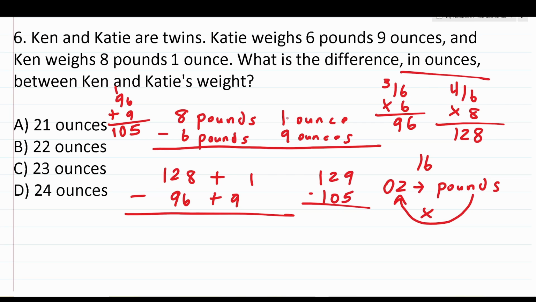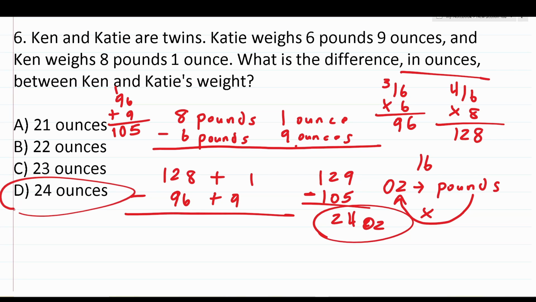All right, so 8 pounds and 1 ounce is 129 ounces. 6 pounds and 9 ounces is 105 ounces. Let's find the difference of their weights. 9 minus 5 is 4. 2 minus nothing is 2. 1 minus 1 is 0. So the difference in their weights is 24 ounces, which is answer choice D in this case.